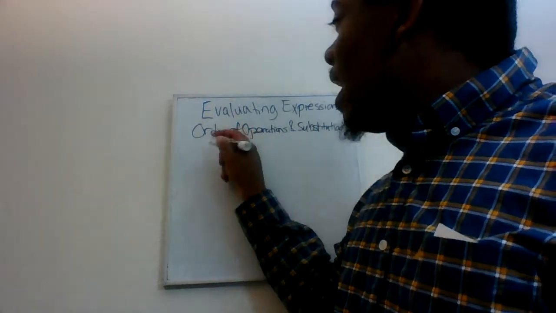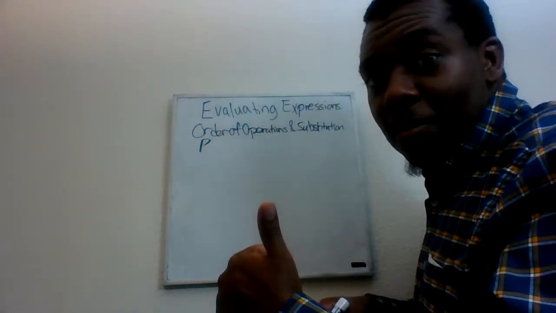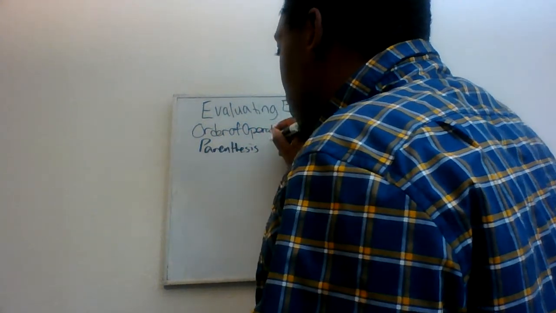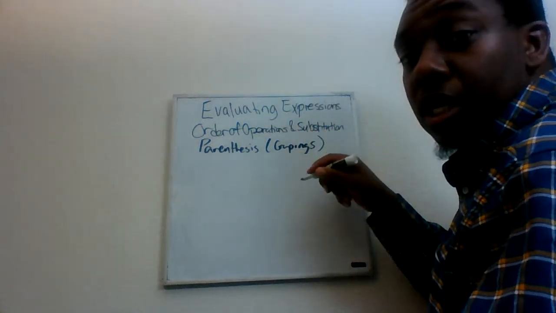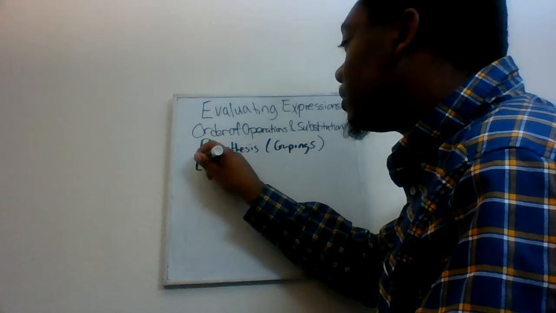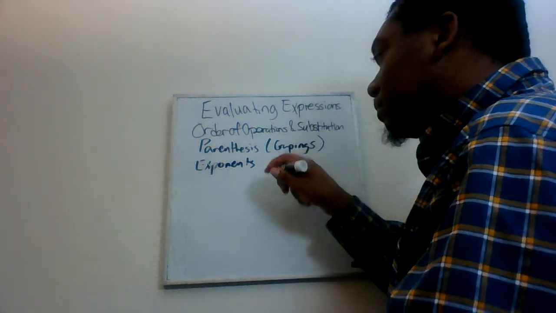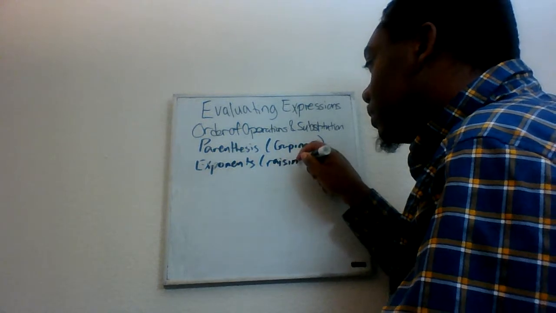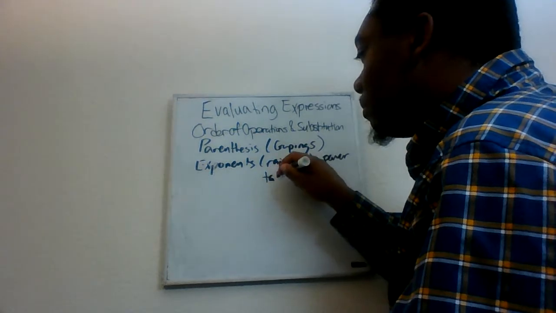First, we have a set of parentheses or groupings. The second thing that we have is exponents. This is raising to a power or taking a root.